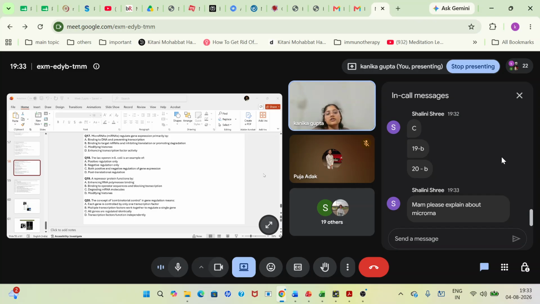A microRNA, Shalini, these are basically, I'll just give you a short introduction. So microRNAs are basically small RNAs which generally regulate, obviously, gene expression. These are complementary RNAs to some specific genes which are short, if I'm not wrong, 20 to 25 nucleotides long, and they bind to that specific region so that the expression of that gene can be inhibited.